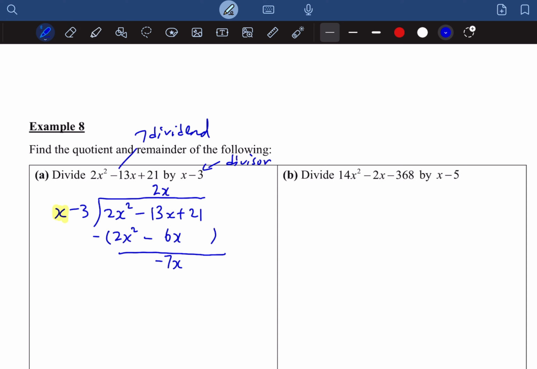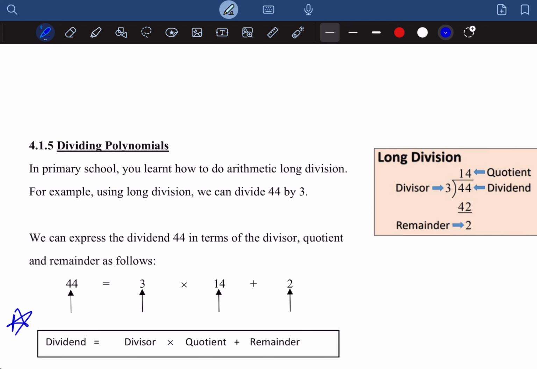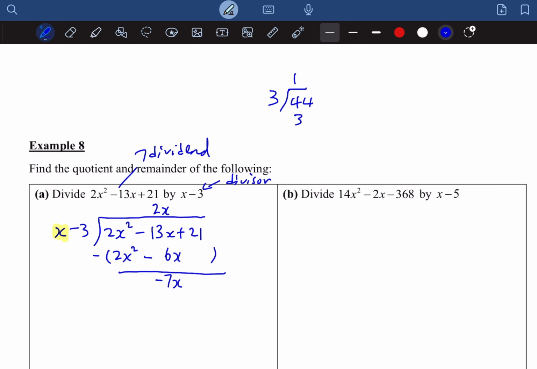At this stage, students will be asking: do I need to continue with the long division, or do I stop here? Take note, imagine when we perform long division for numbers, for example 44 divided by 3, I have a 1 here and a 3 here, so I have 14. 14 is more than 3, which is more than the divisor, so we have to continue.